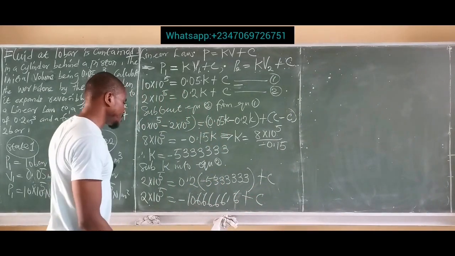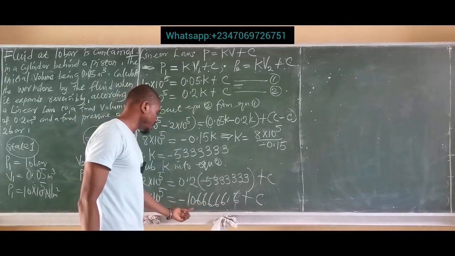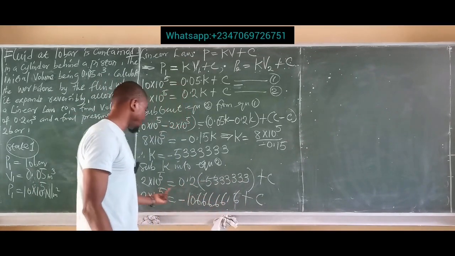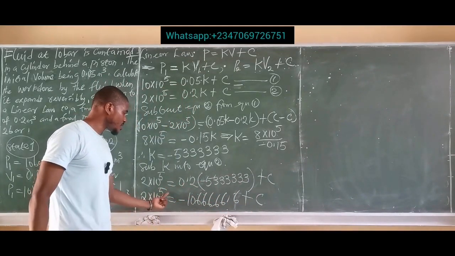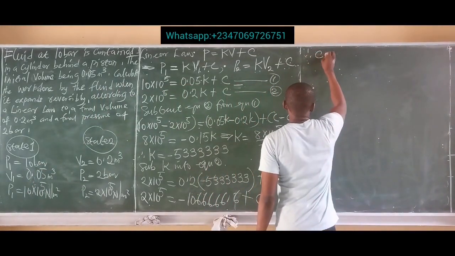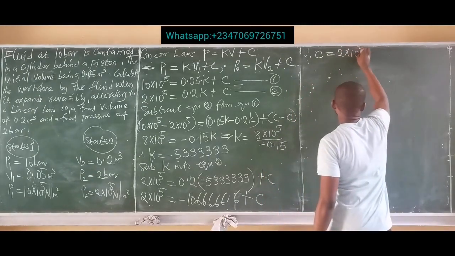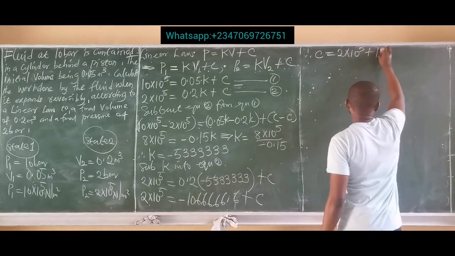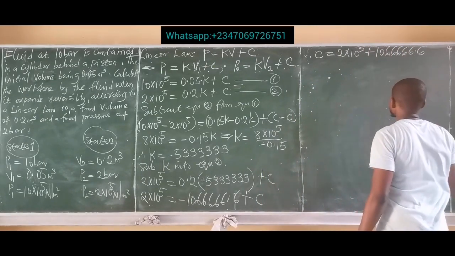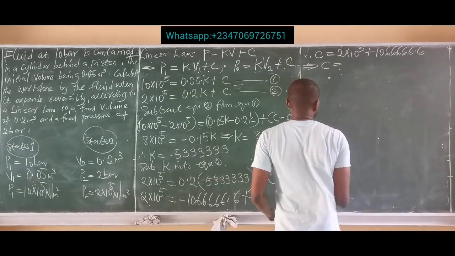You put down your c. In order to find the value of c, simply send minus 106,666.6 over to this side of the equation. A negative sign crossing an equal sign becomes positive. Therefore, c is equal to 2 by 10 to the power of 5 plus 106,666.6.